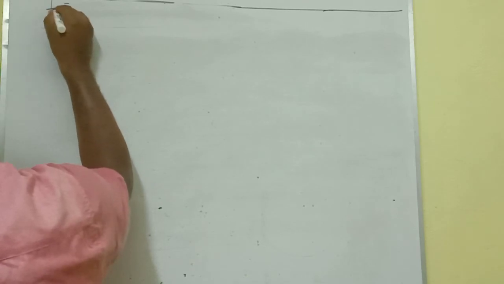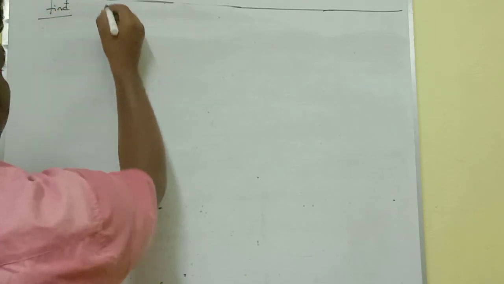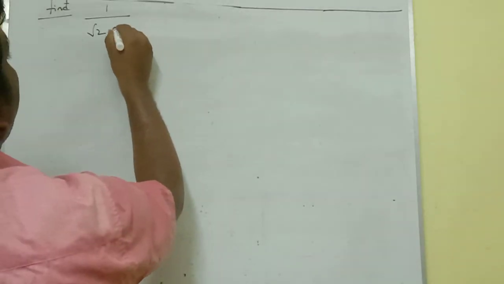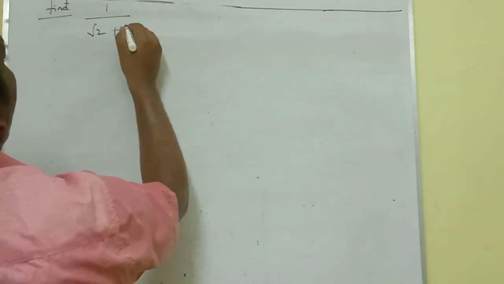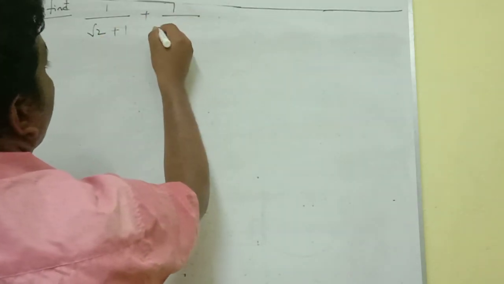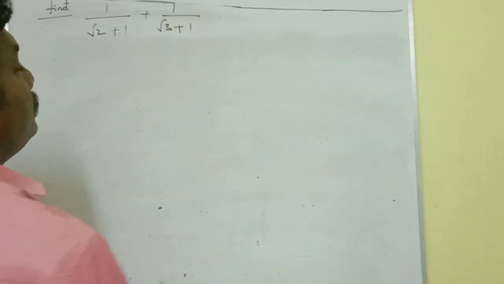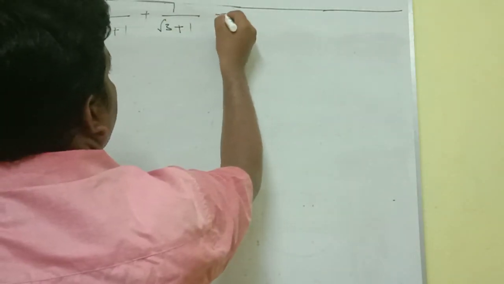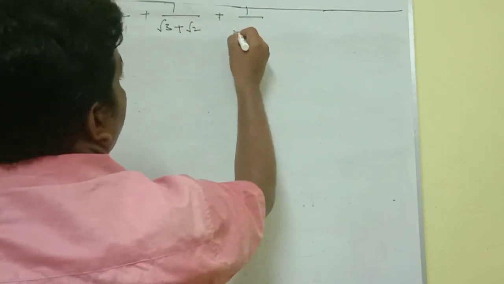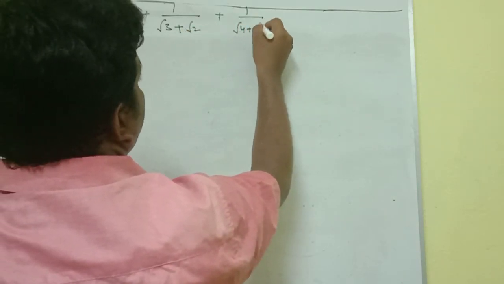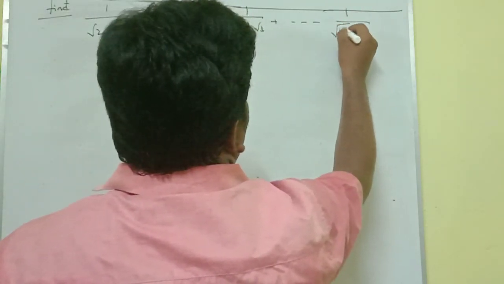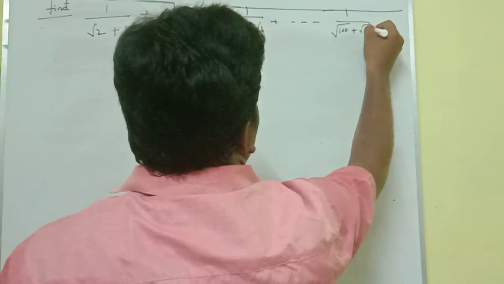Find the value of 1 by (root 2 plus 1), plus 1 by (root 3 plus root 2), plus 1 by (root 4 plus root 3), and so on, up to 1 by (root 100 plus root 99).